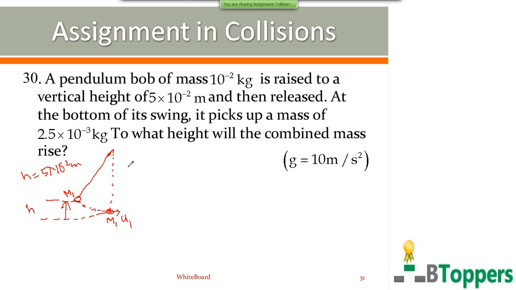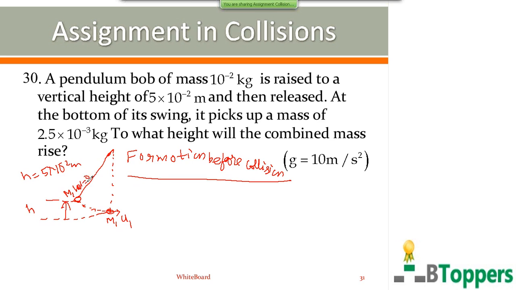First I will apply conservation of energy for the motion of the bob before collision. The total mechanical energy of the bob remains constant during the motion before collision because it moves under the influence of gravity, which is a conservative force. So the total mechanical energy of the bob at the lowest position of its swing is equal to that at the highest position.